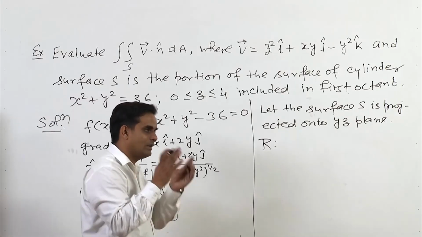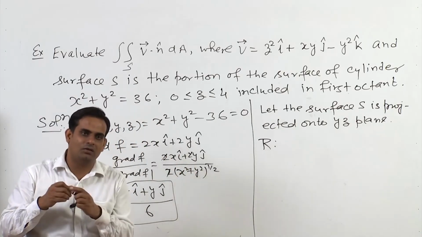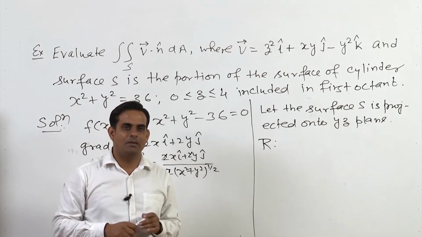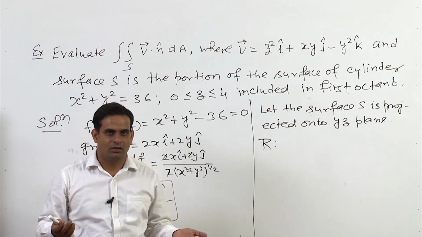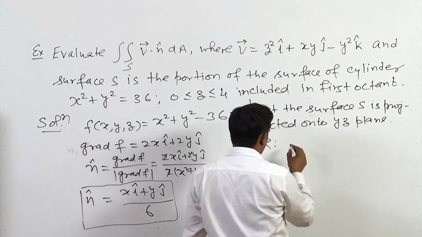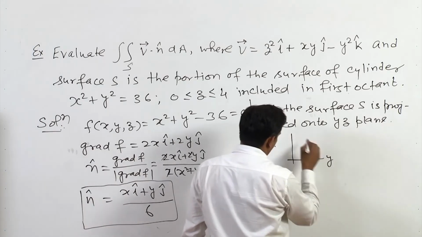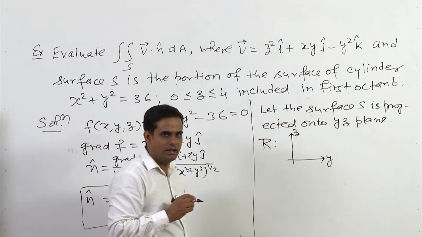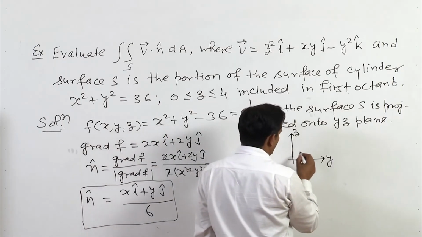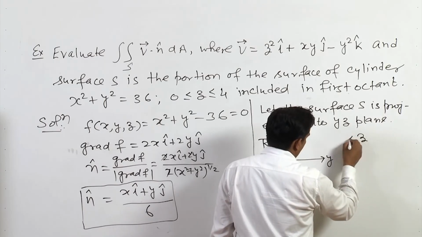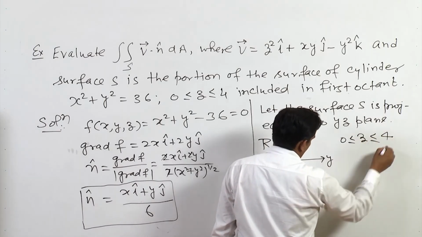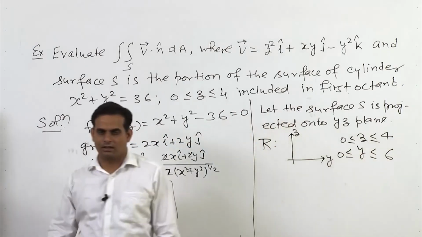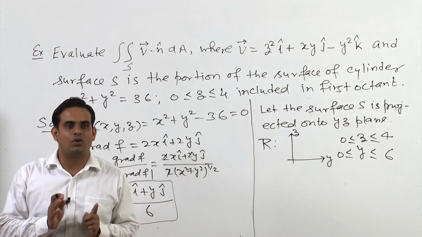When you project a cylinder along the z axis onto the yz plane, it becomes a rectangle, given by z from 0 to 4 and y from 0 to 6, because I am talking about the first octant.